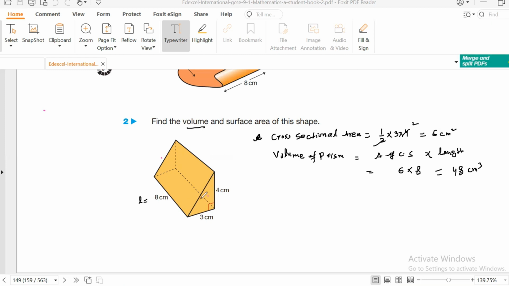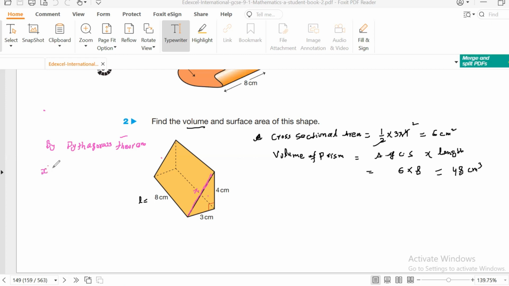So by using Pythagoras theorem, we can find out this longest side. Let's suppose this is x.